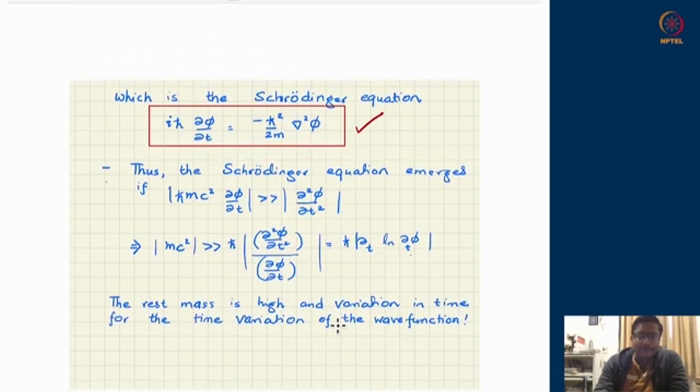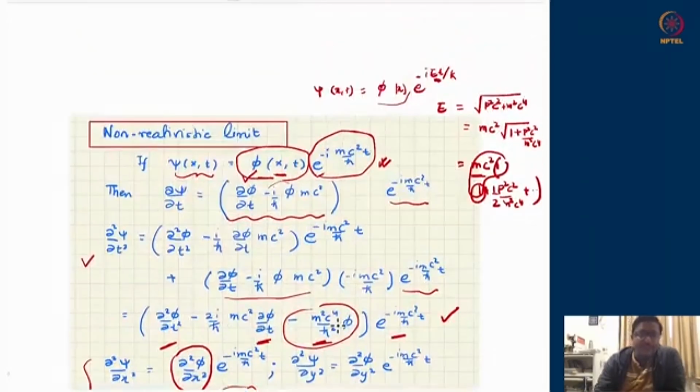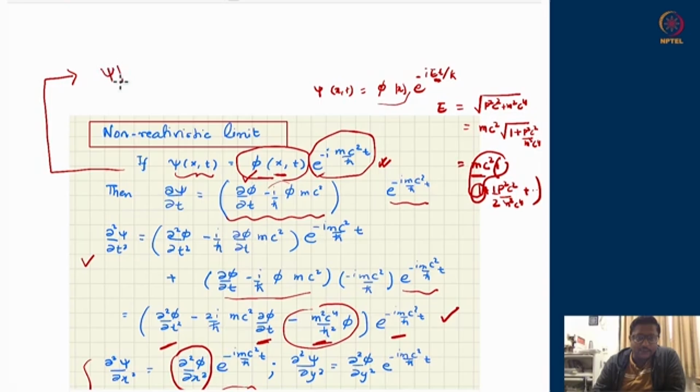You can see that the probability, if I used to believe in non-relativistic probability density, which we will see in a couple of minutes, if I take psi mod square, it is also equal to phi mod square, because the exponential part of the rest mass energy is just a phase.